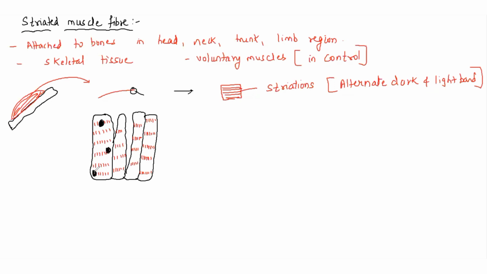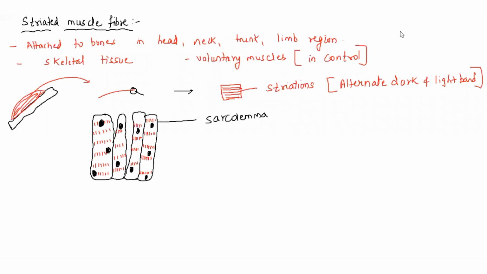It will have the outermost covering that is called sarcolemma, and inside the sarcolemma there will be fluid present. That fluid is called sarcoplasm. What I am drawing here is the nucleus which is present. If I have to do the labeling, the very first point is the outermost covering, called sarcolemma.